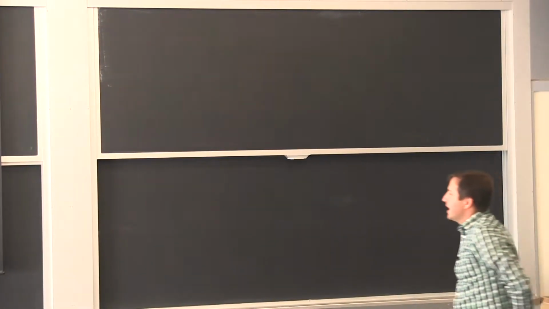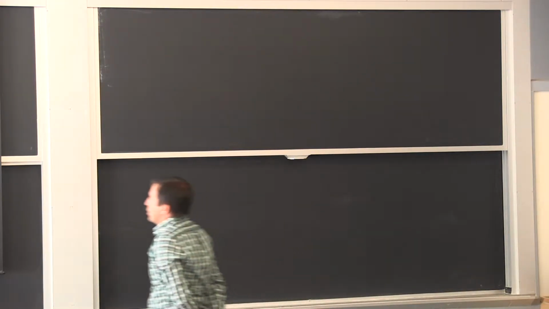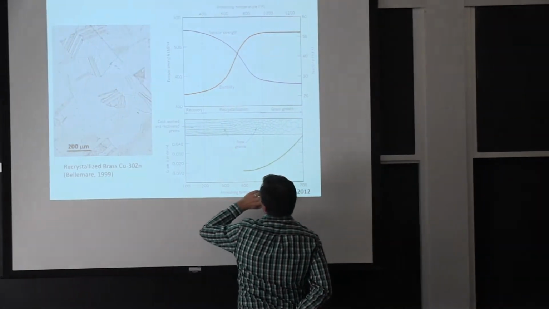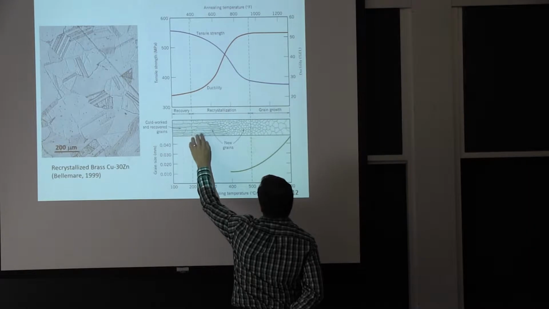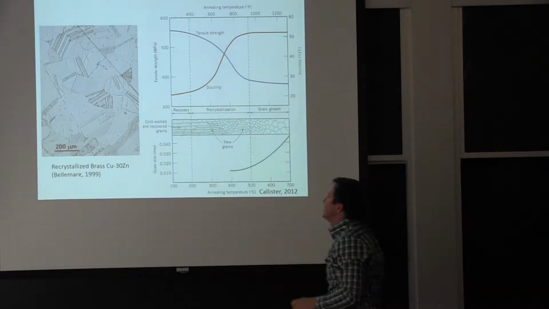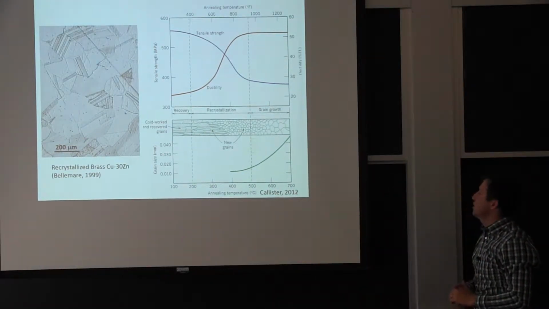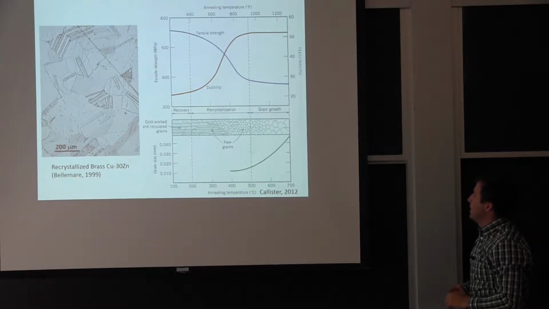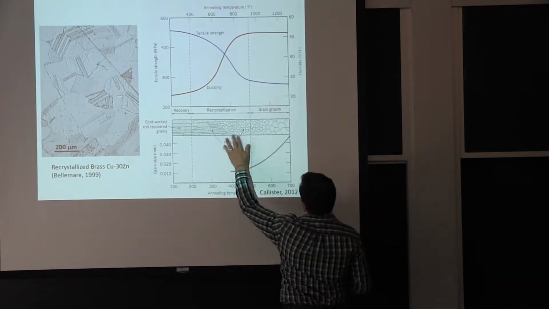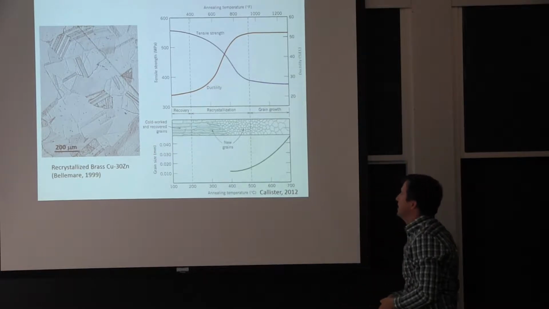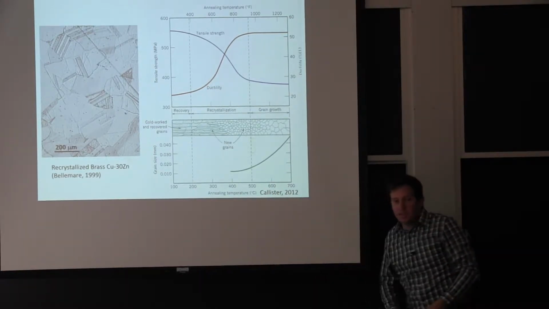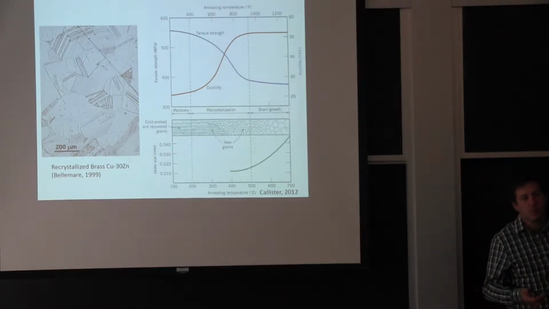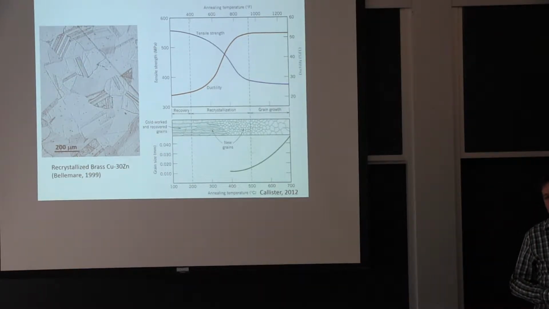We talked about how with increasing the temperature, you go from these very deformed microstructures, if you went through a cold working process, and then you initiate very small grains that have very low dislocation density. And the process of generating those really depends on your temperature and your level of strain. We haven't really talked about this too much, but if you raise the temperature too much, then the grains will continue to grow from the recrystallized.